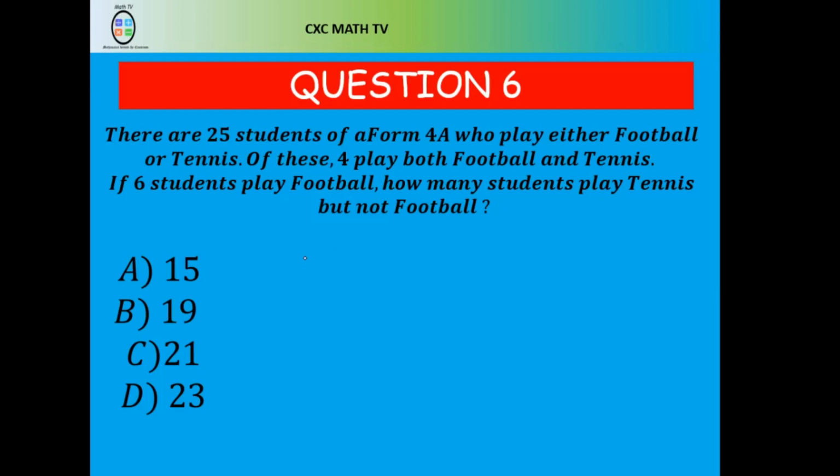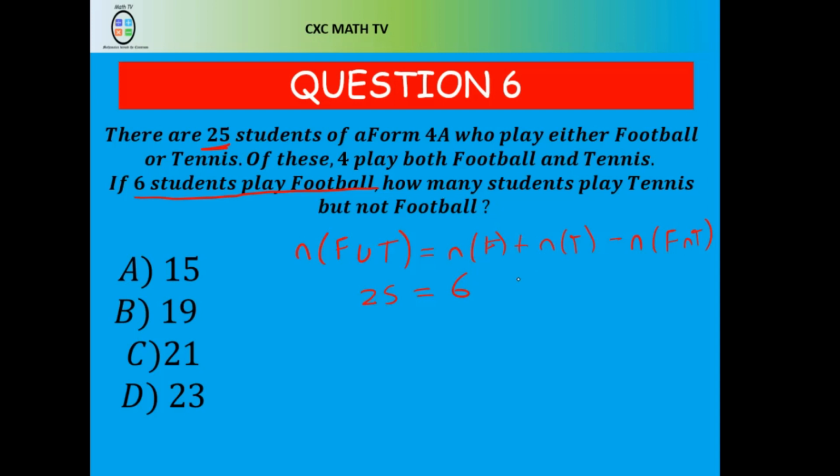We know that we're talking about the number of students that either play football or tennis. Now that's equal to the number of persons playing football plus the number of persons playing tennis minus the number of persons playing both football and tennis. Now football union tennis is 25, equal to the number of persons that play football. It says if 6 students play football, so that's 6 right here.